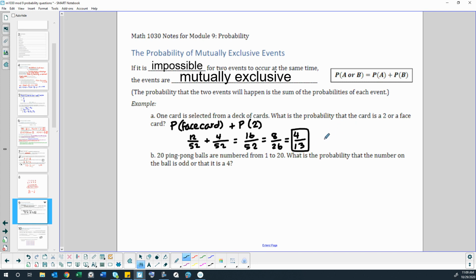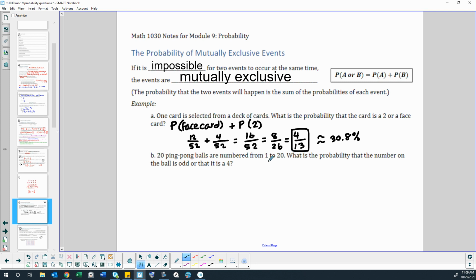If we want to divide that out, we would find that that is approximately 30.8% probability of getting one or the other of those events to happen. Here's a second example. 20 ping pong balls are numbered from 1 to 20. What is the probability that the number on the ball is odd or that it is a 4?